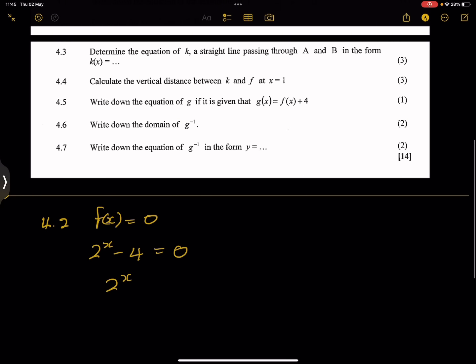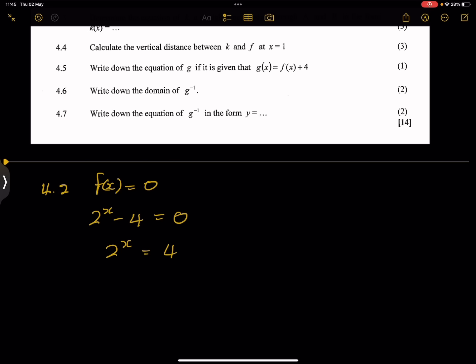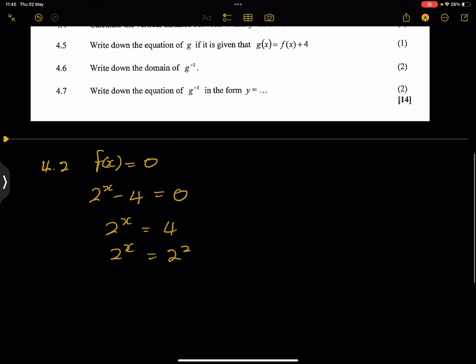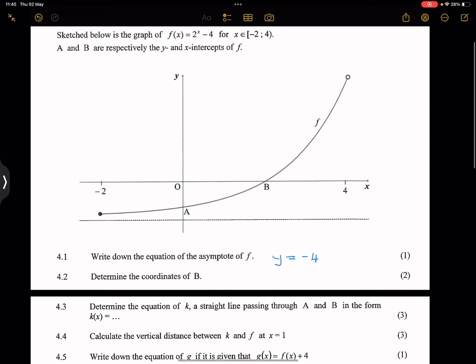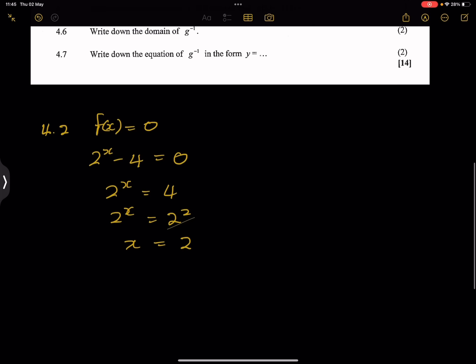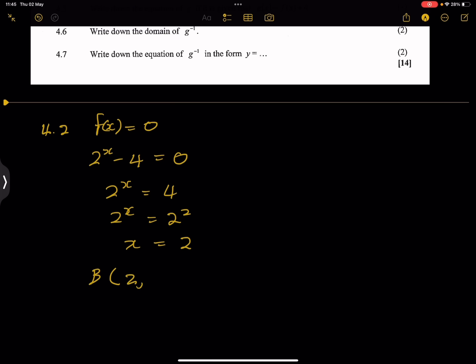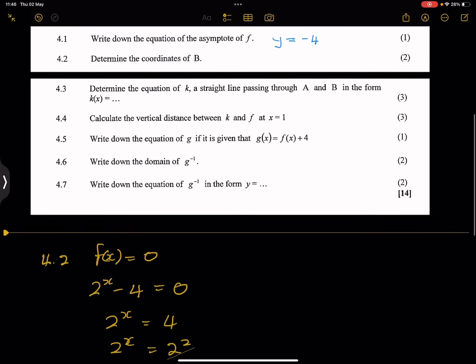So that means 2 exponent x is equal to 4. And you can see 2 exponent x, that's 2 squared. So that means that x is equal to 2. So the coordinates of B would be 2 and 0. Okay, so that is our x-intercept. So we know that y is equal to 0 there.